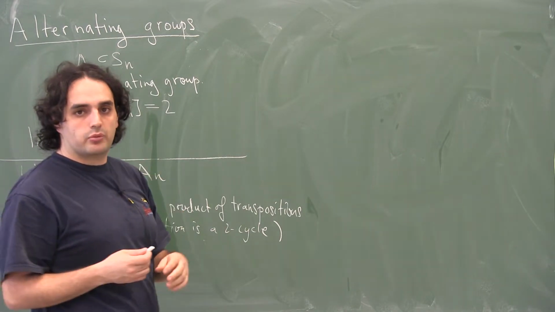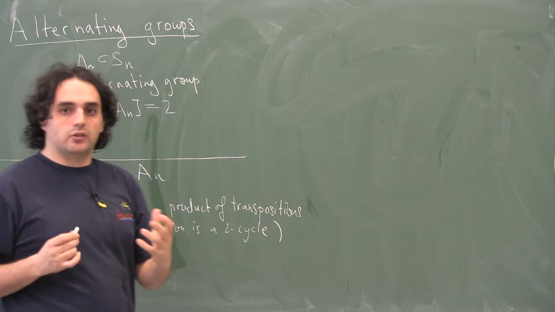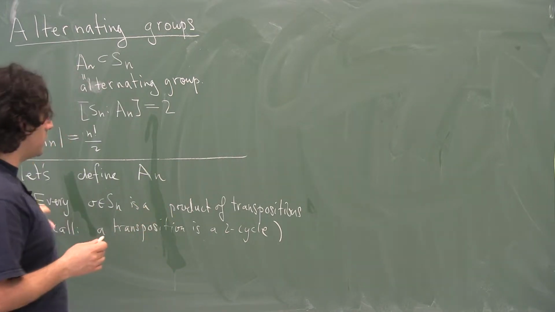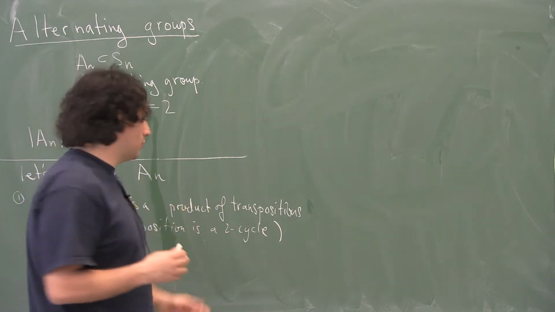Well, we know that every permutation is a product of disjoint cycles, in fact, in a unique way. So to see this claim, it's sufficient to see it for a cycle.